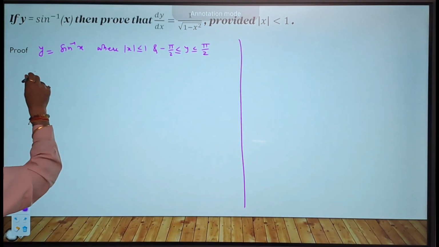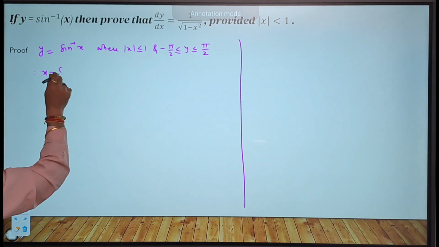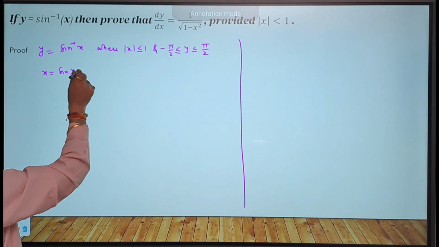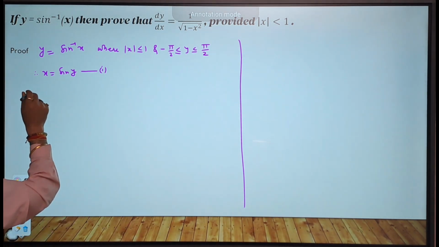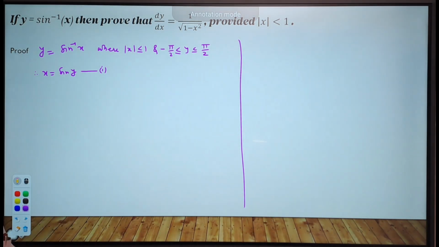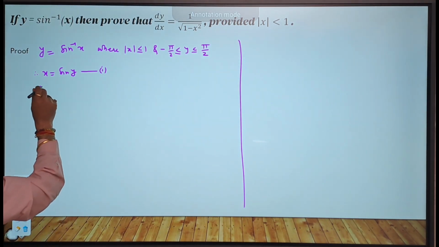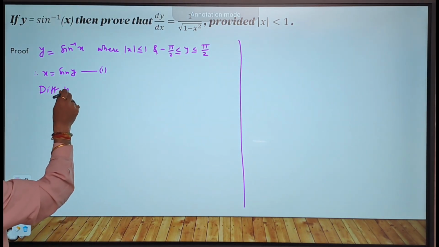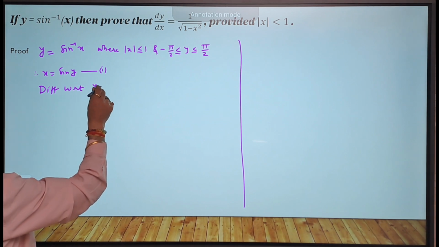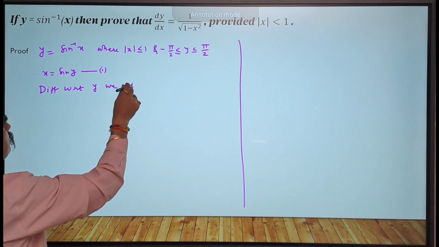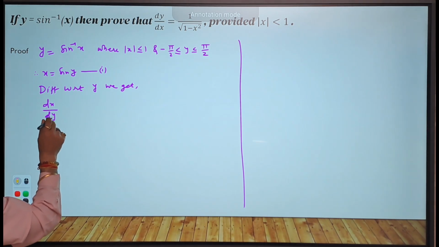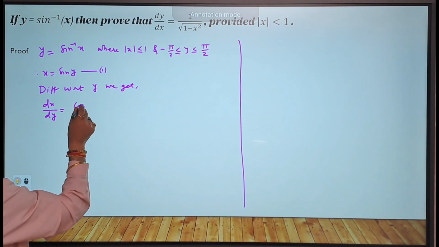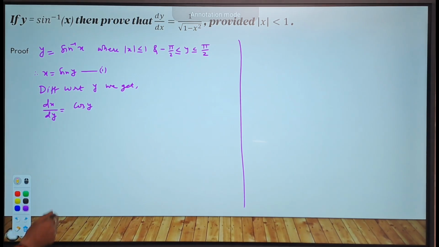So x will be what? Sine y. Now x is differentiable function of y. So differentiating with respect to y, we get derivative of x with respect to y is equal to cos y.